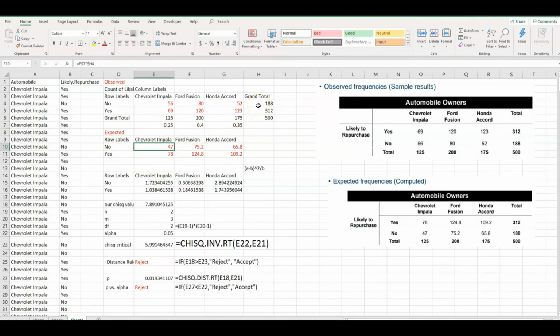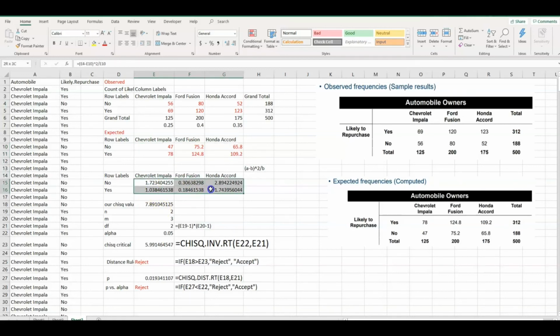Because 188 people say no, and 25% of them should belong to the first category, and 40% of 188 belong to the second category. Continue this way, so we generate a second table. This is 2x3 from the observed data, and this is 2x3 for expected data.